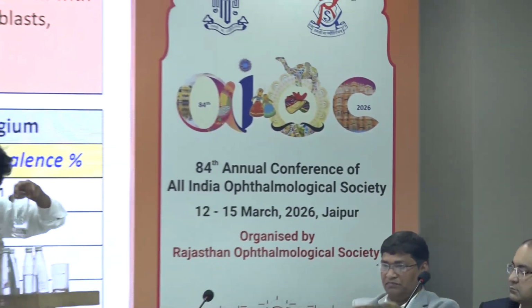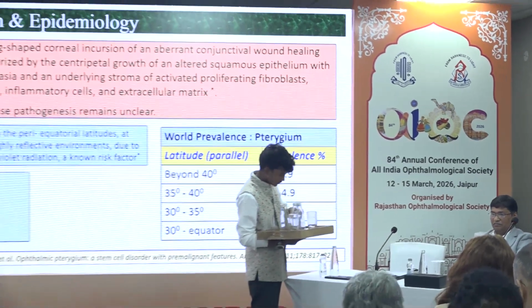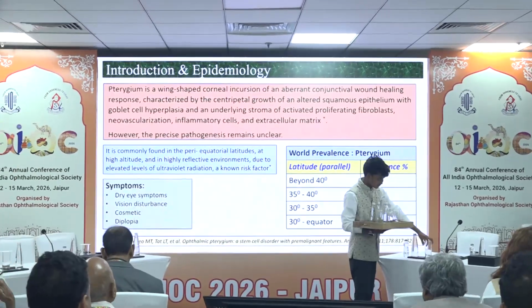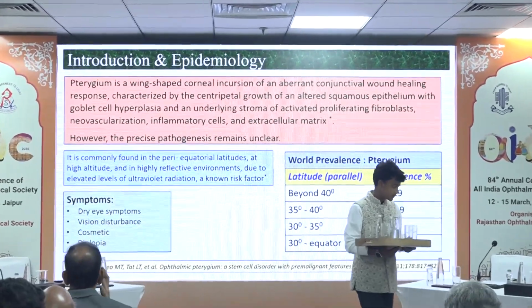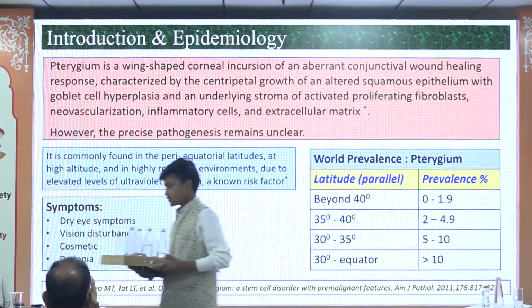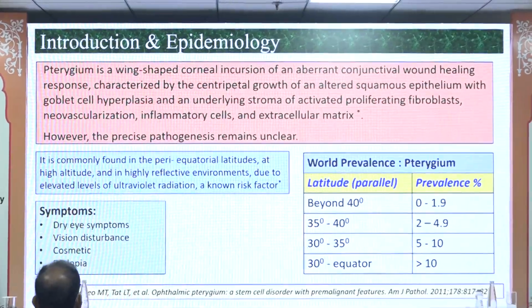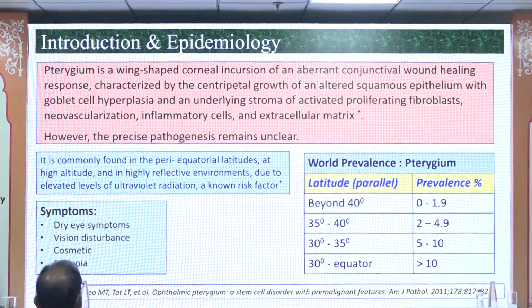This is probably the best possible comprehensive definition of pterygium I could find. Pterygium is a wing-shaped corneal incursion of an aberrant conjunctival wound healing response, characterized by the centripetal growth of an altered squamous epithelium with goblet cell hyperplasia and an underlying stroma of activated proliferating fibroblasts, neovascularization, inflammatory cells, and extracellular matrix.